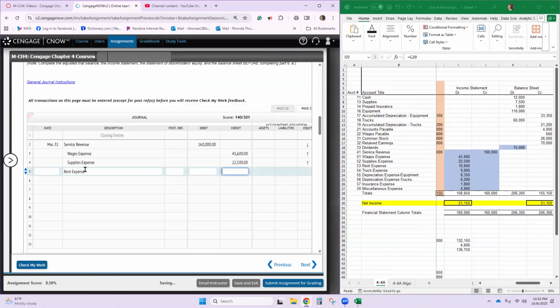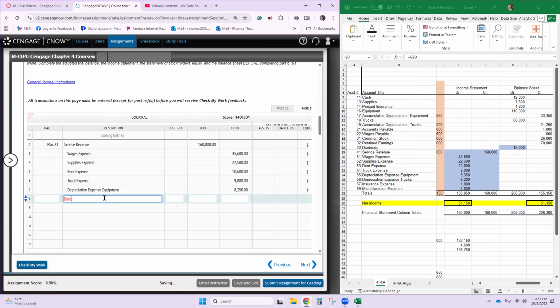It's a credit of $10,600. Truck expense. It's a credit of $9,000. Depreciation expense of equipment. It's a credit of $8,350.